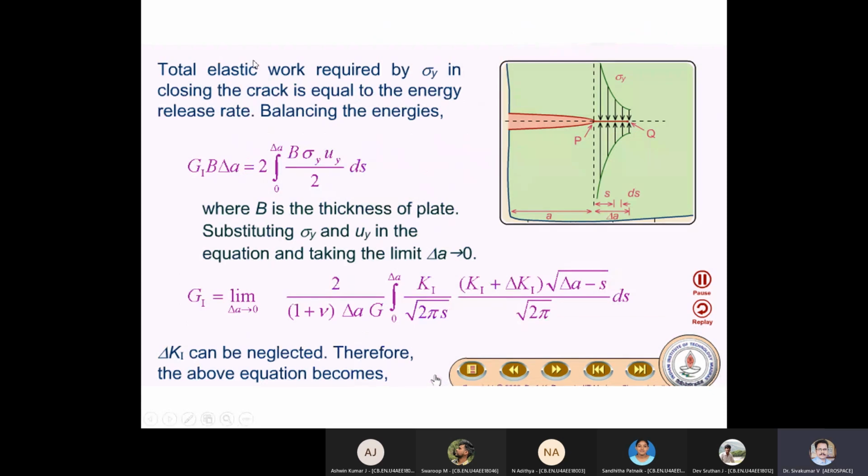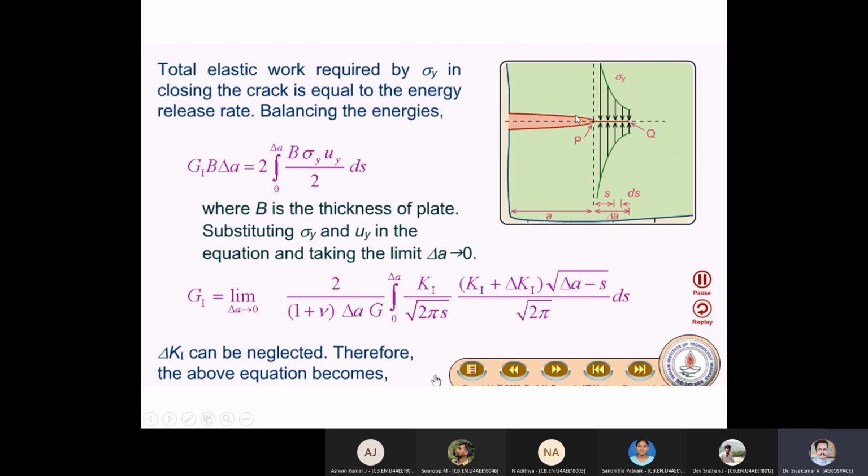Now, the total elastic work required by sigma y in closing the crack is equal to the energy release rate, balancing energy. Because how much stress I am supposed to apply depends on how much the resisting force is, and that much only I am supposed to put.